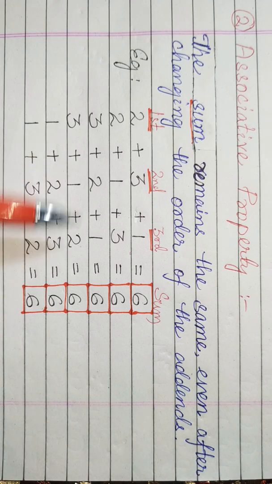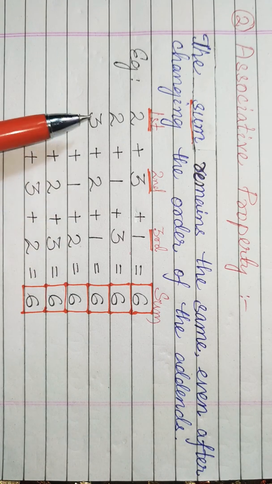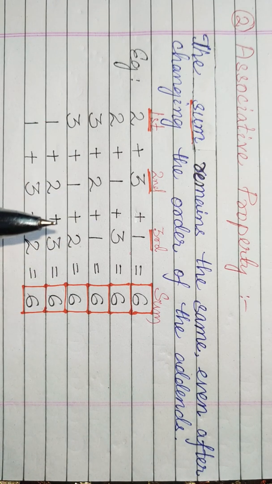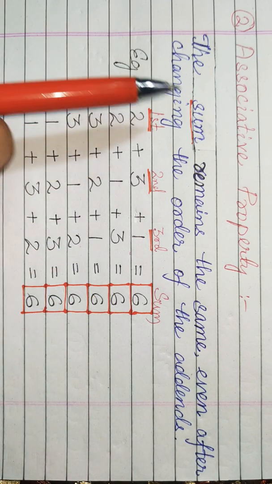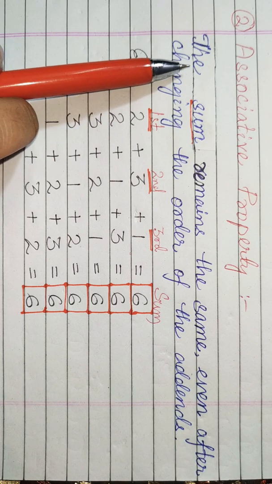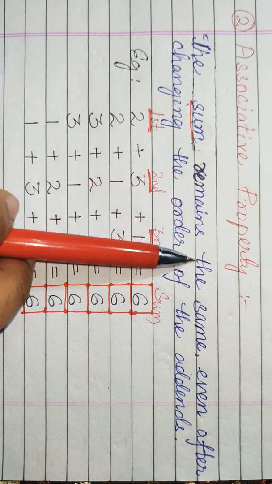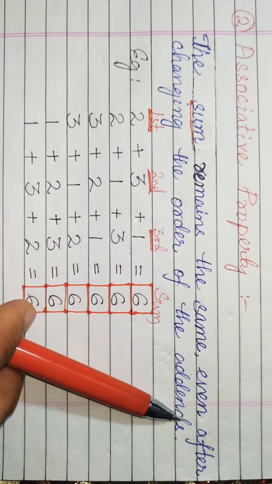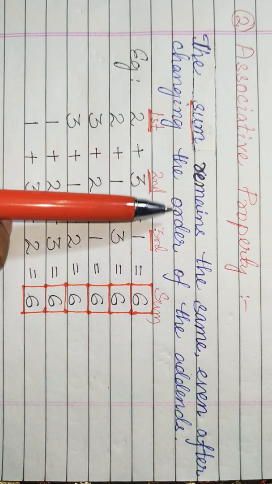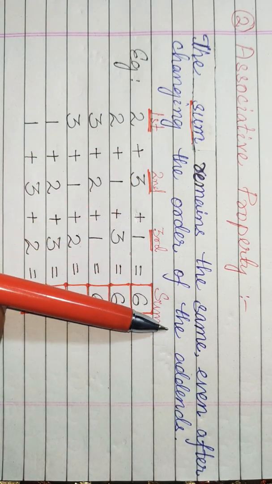So what I am doing? I am just interchanging the order of the digits, but the sum remains the same. So this is associative property, or it is also said as the sum remains the same even after changing the order of the addends.